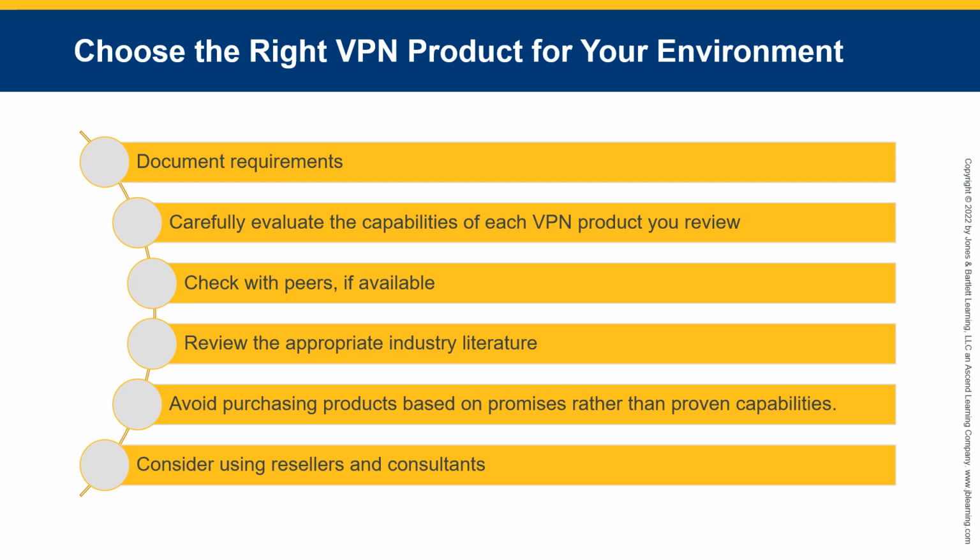You're then going to go out and look at all your vendors, and determine the capabilities of each VPN product you review. At that point, you're going to stack rank it based on that wish list or list of requirements.